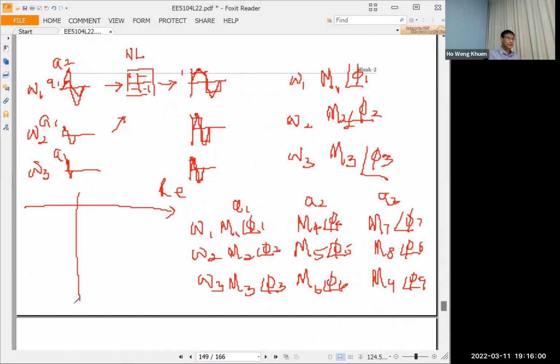This is imaginary. So maybe this is this one here. Just like before, phi 1. Then this is M1. So we measure this is omega 1.